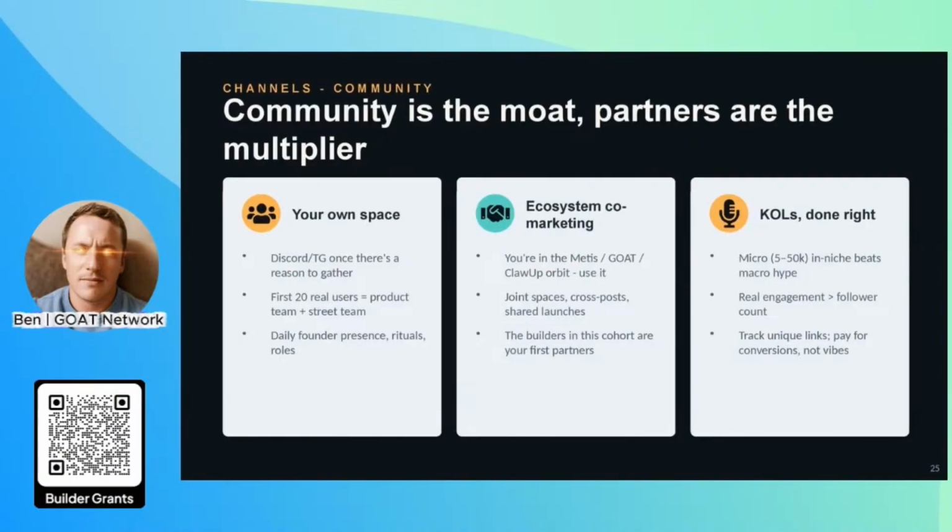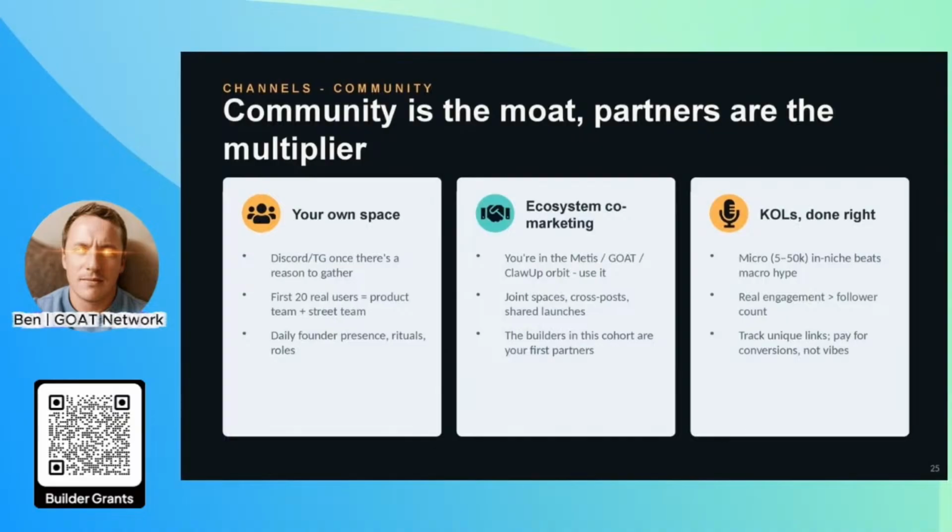We've got KOLs. I won't touch too heavily on KOLs, but one point I will make is that micro tends to beat macro in this sense. 5 to 50K accounts in your exact niche.